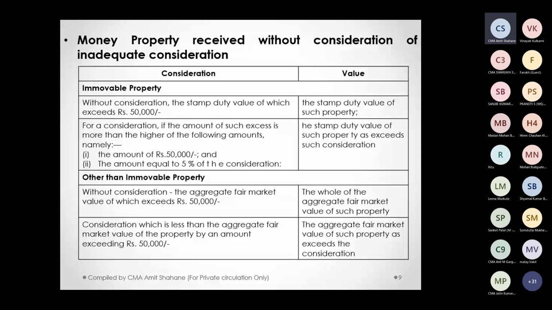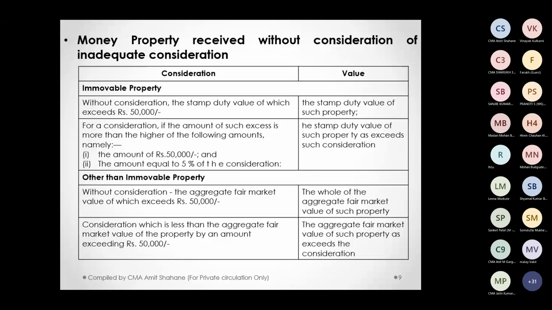Again, please keep this in mind that I'm mainly talking from the perspective of a non-related person. If a property is received from a related person, then obviously nothing is chargeable to tax, right? Just keep this in mind. So condition number one, I have received a property, the stamp duty value of which is less than 50,000 rupees, then nothing is chargeable to tax.